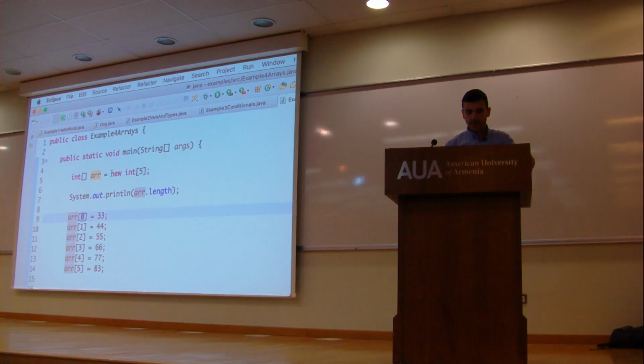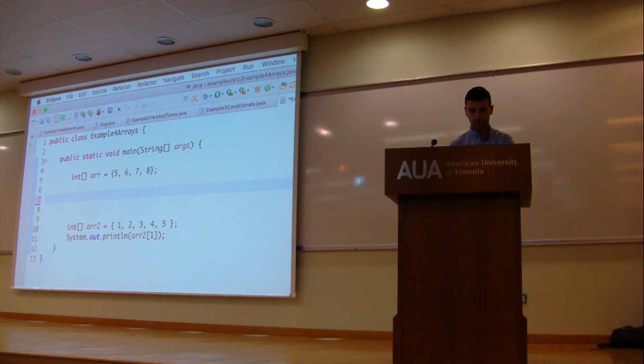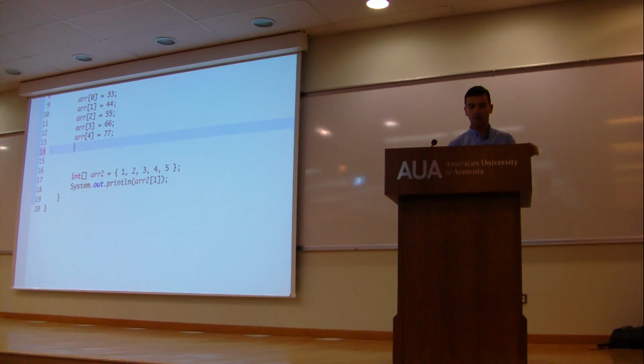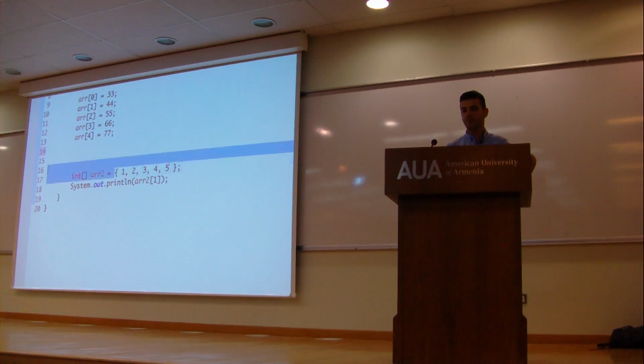So yeah, I think the syntax for that is, my memory serves me well now. Okay, so if you just wanted to create the values initially, you could do it like this.